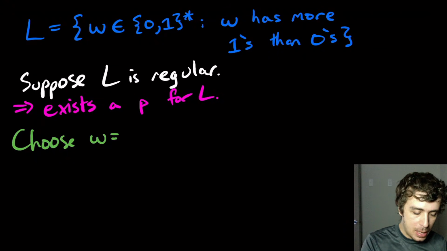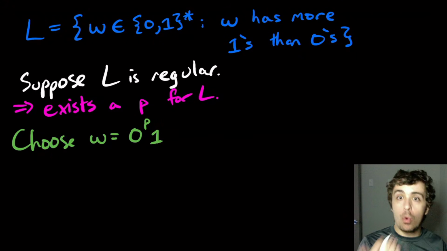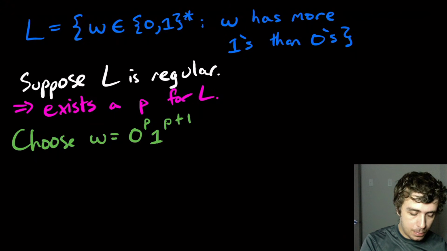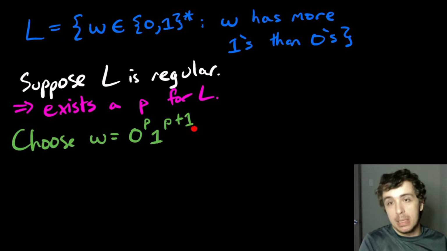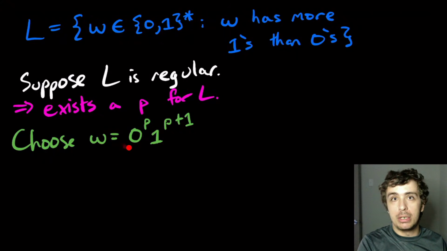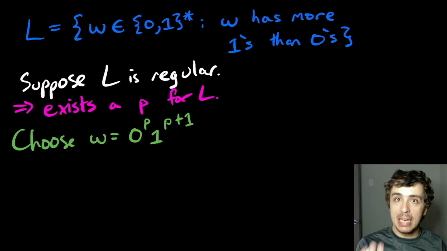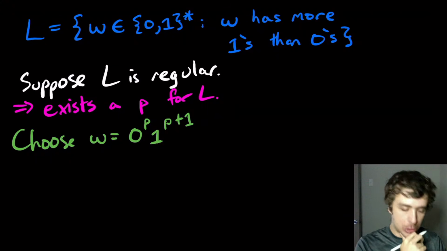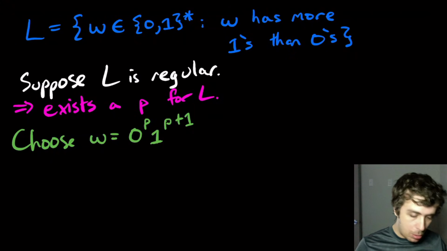Let's pick 0 to the P. Well, I've got to have more ones than zeros, so let's pick, let's say, 1 to the P plus 1. I could pick P plus 2 because that's more ones than zeros also. I can't pick 0 to the P, 1 to the P, no plus 1, because then it would not be in this language. It's got to start in the language, and then we pump out of the language. Okay, so then what do we do here?